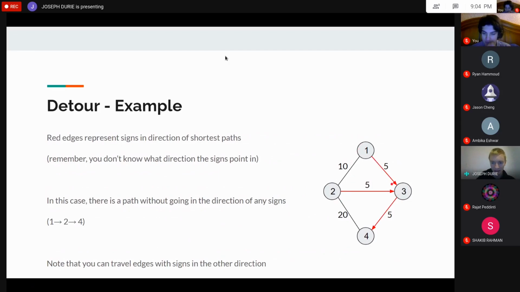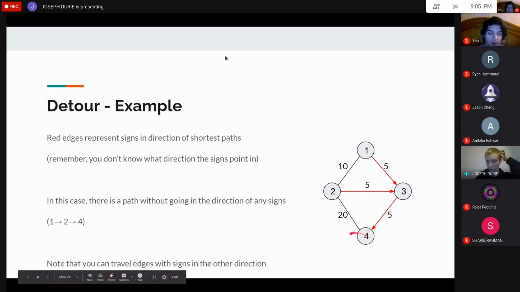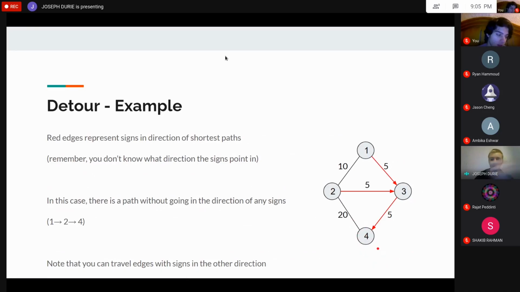You can think about it as a tree that's directed up to your source vertex. If 4 was the root of the tree and you shift everything around to make that work, then 4 would be the parent of 3 and 3 would be the parent of 2 and 1. That's what we want to store.